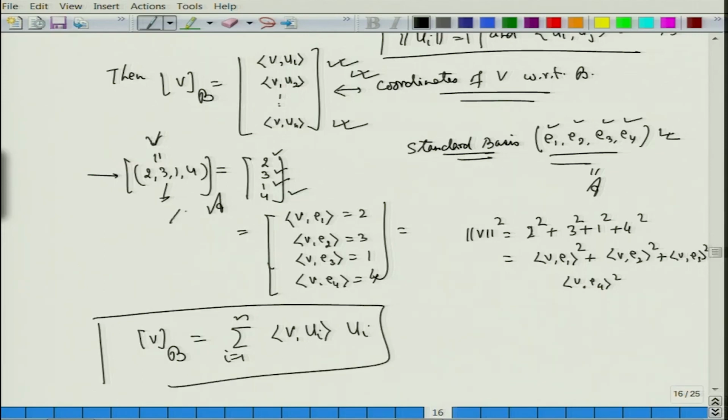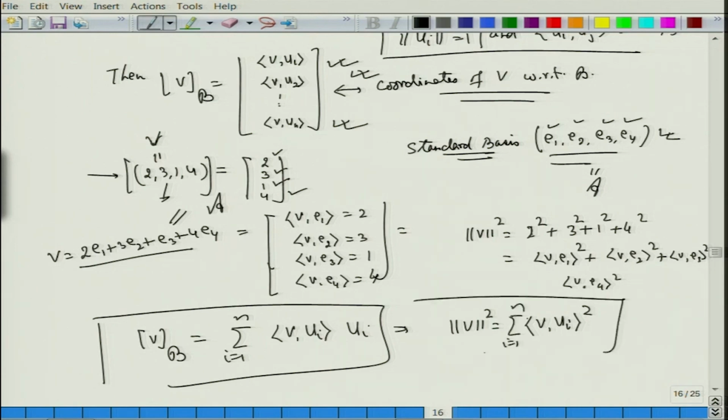Here V was 2 times E1 plus 3 times E2 plus E3 plus 4 times E4, alright. Similarly we write V as this, and this implies that length of V square is same as the sum of V comma UI squared, I going from 1 to n. Is that okay?